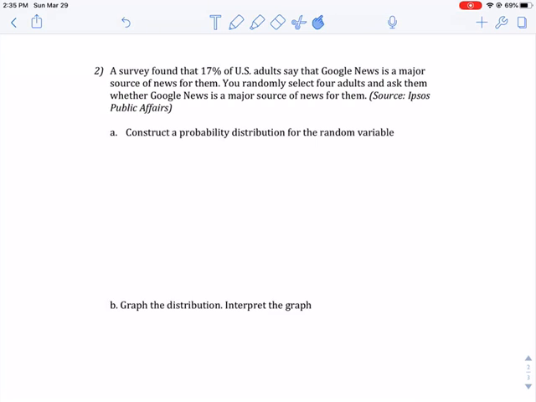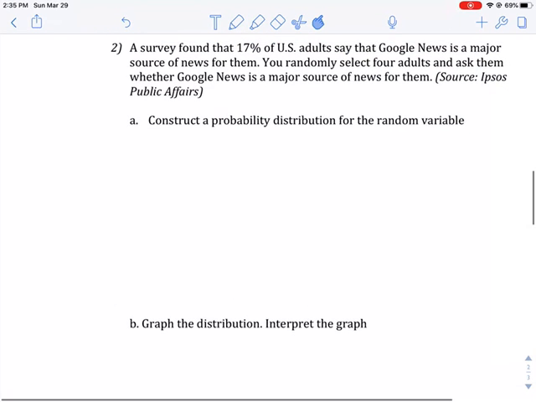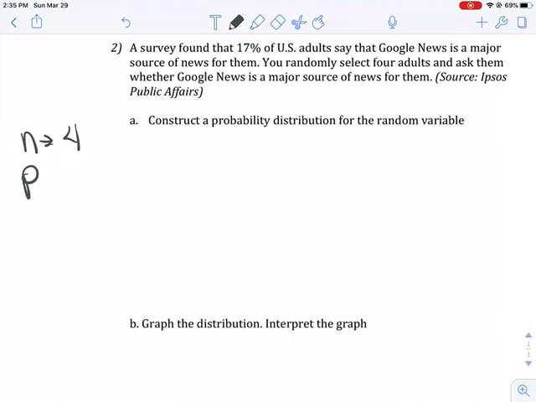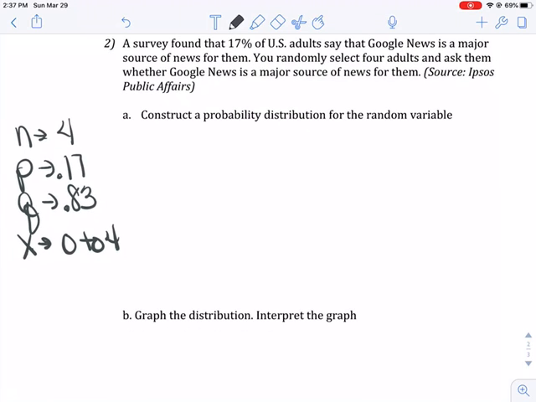And our X is going to assume values from 0 to 4. Okay, so let's write that down. N is 4, P is 0.17, Q is 0.83, and X is going to go from 0 to 4.